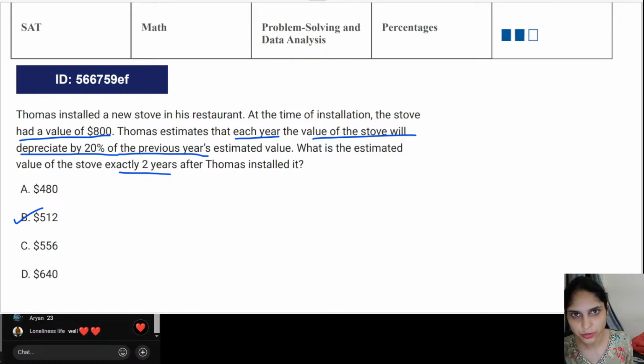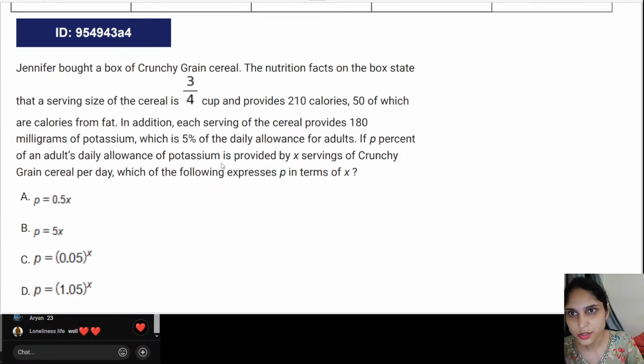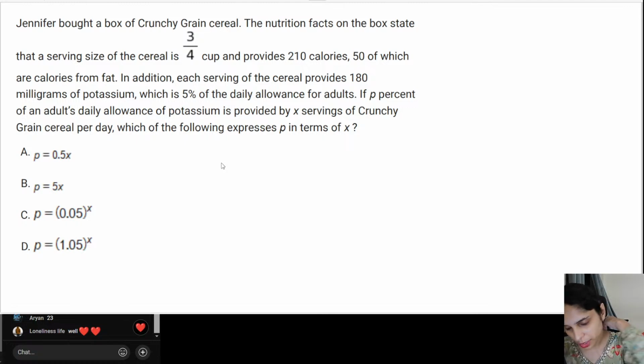So if you want to try, you can try question number 1. And this is all word problems, like all of them are word problems. I'll also mention that in the description. Try to read the question and then see if you're able to get the answer. And we'll solve it after I come back after a small break.